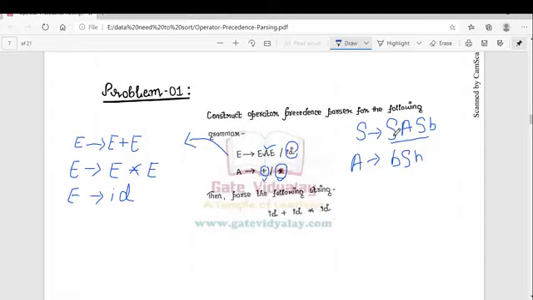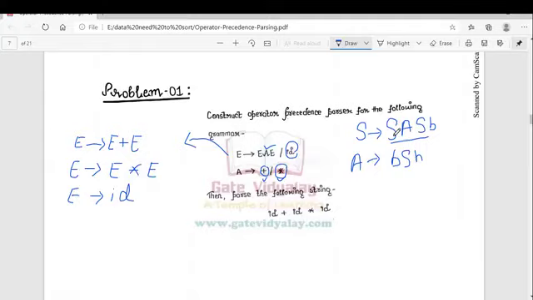Yes. In the next lecture, we will hopefully discuss how we can convert our grammar into an operator precedence grammar, what the rules are, and in which scenarios we cannot convert our grammar into an operator precedence grammar. Not every grammar can be converted, only some grammars can.